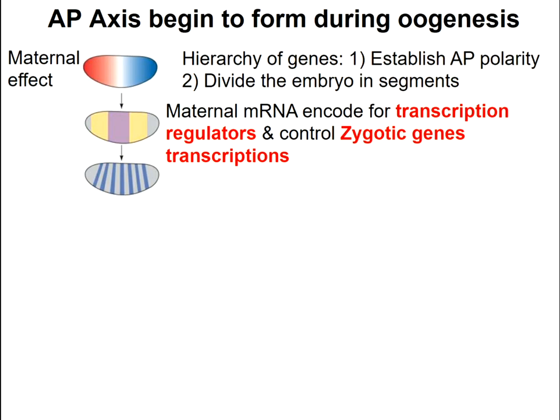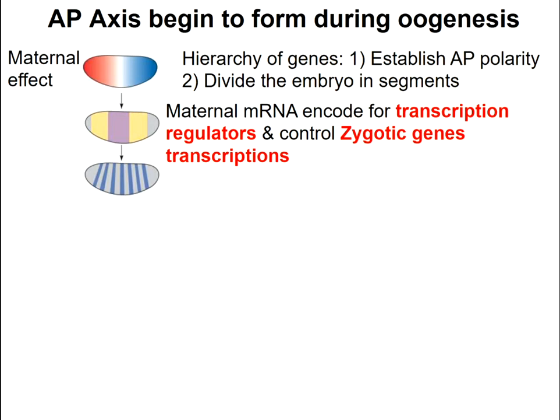So this mRNA, when translated into protein, produces transcription regulators or factors, and these regulators control the expression of the first zygotic genes. So these maternal genes, maternal mRNA that are translated into proteins, into transcription factors, control the expression of the zygotic genes.